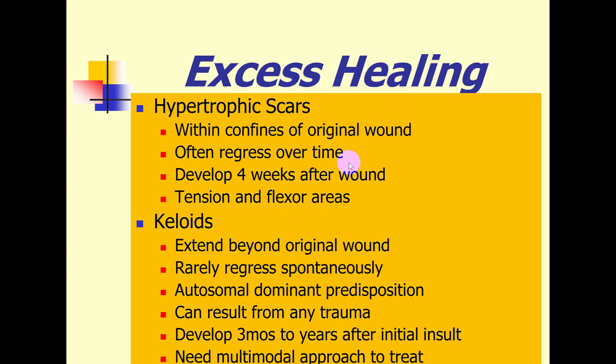So it is a slightly mild problem, while the keloid is the problematic one. The keloid extends beyond the origin of the wound. It is a continuous process, like a tumor. It is not a tumor, but like a tumor in its activity. It is continuously increasing in size, with no regression; it rarely regresses spontaneously.